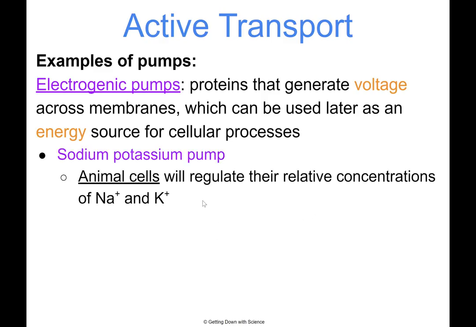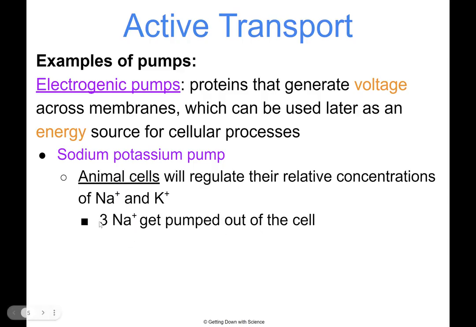So our sodium potassium pump, in animal cells, actually regulates the concentrations of sodium and potassium across the membrane. We get 3 sodiums pumped out of the cell and 2 potassiums pumped into the cell. So we'll send out 3 pluses and bring in 2 pluses.